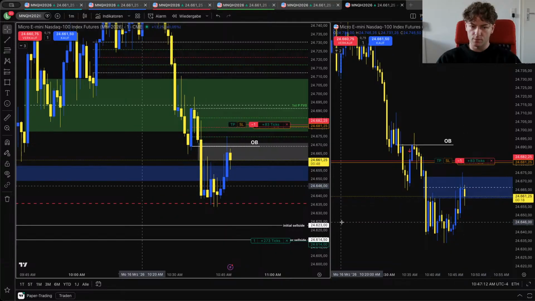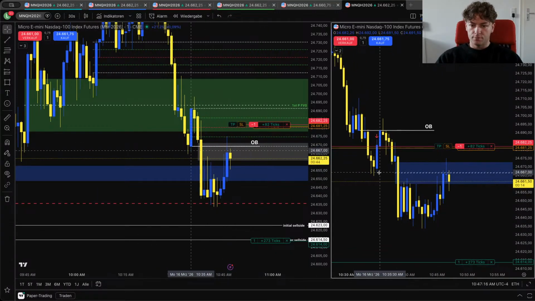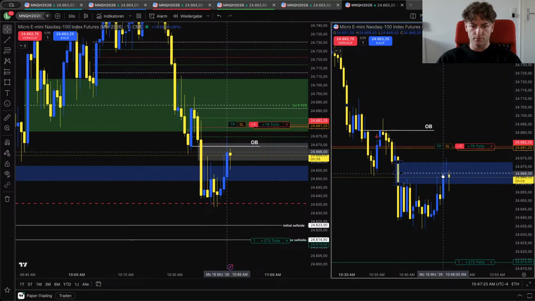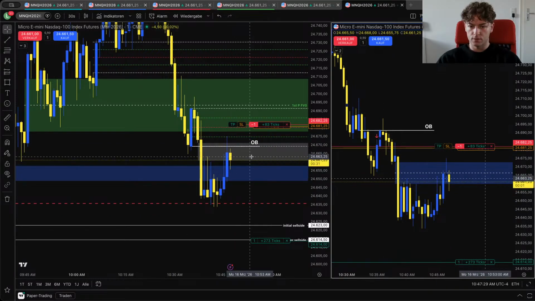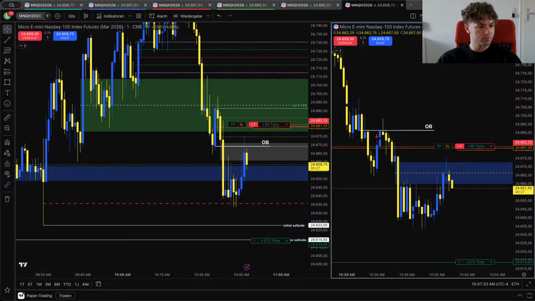So now I want to see price remain heavy. Fair value gap midpoint respected so far. Low, high, low. So we have a swing high right there. I mean, yeah. For now, everything is on our side.